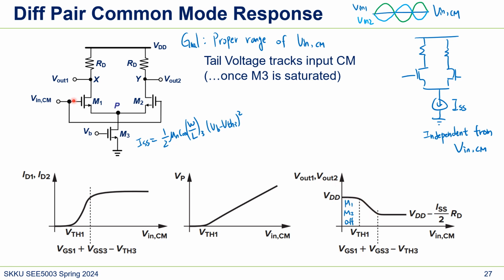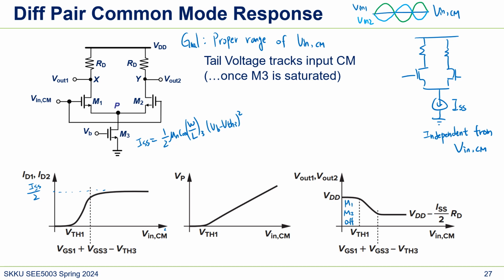If we increase V in CM high enough, the current becomes ISS, so each side will be ISS over 2.